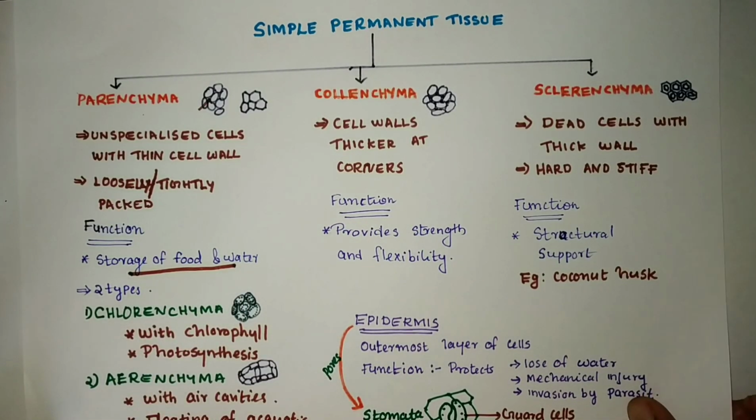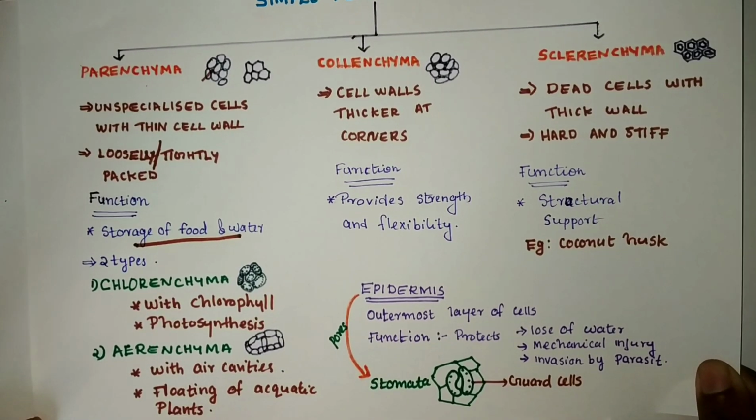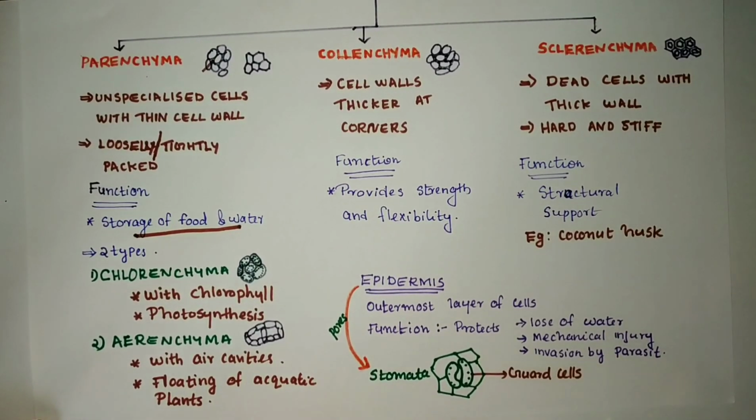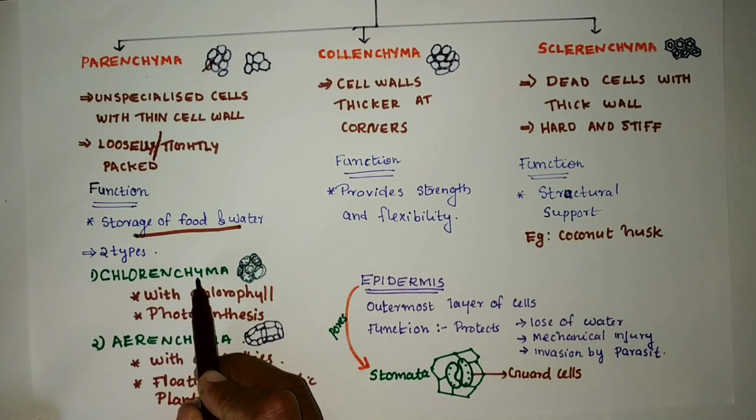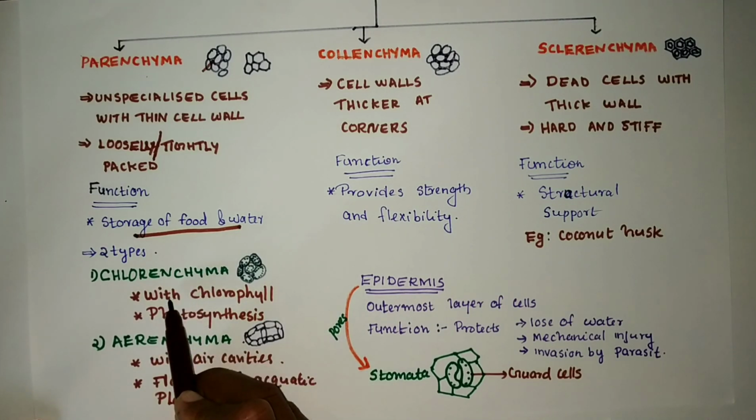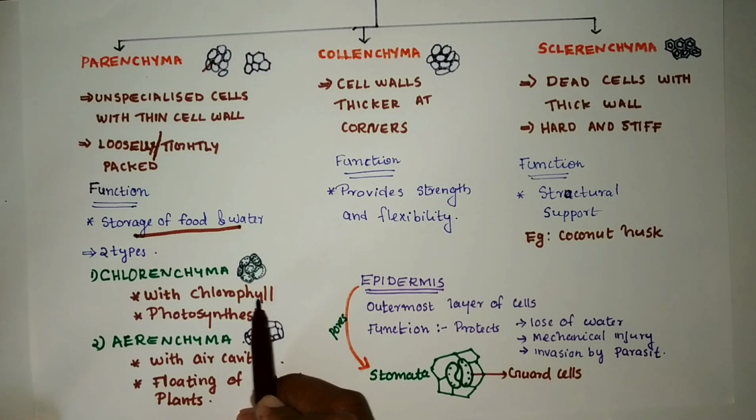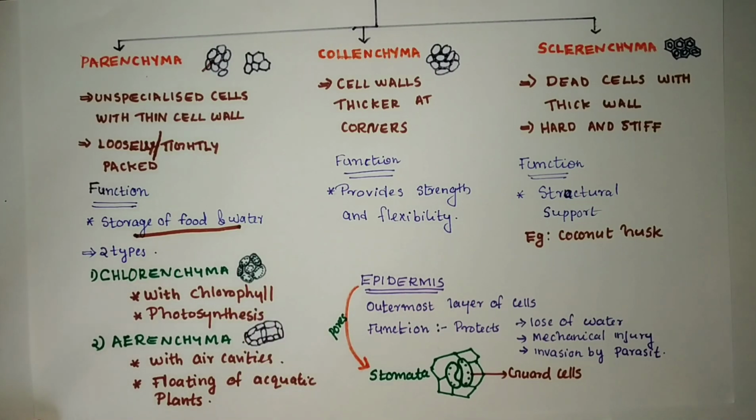There are two types of parenchyma cells: chlorenchyma and aerenchyma. Chlorenchyma is nothing but a parenchyma cell with chlorophyll, and its main function is photosynthesis. Chlorophyll is the pigment which gives green color to the plants.